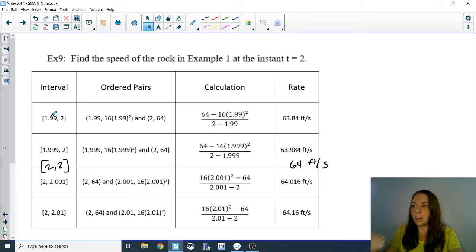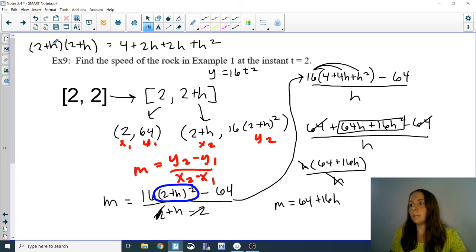Here we're at negative 0.01, negative 0.001. We're trying to model an interval from 2 to itself, so what do we want the h to be? We want the h to go to 0.